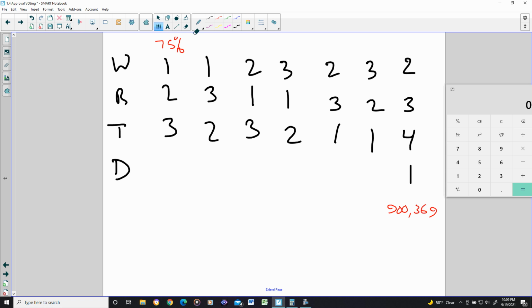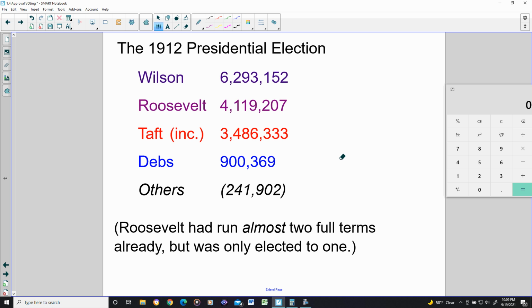75%. Therefore, 25% go here. And that's 75% of Wilson's supporters. So of the 6 whatever million people that voted for him, right? So that means we could figure this out. So let's find the exact number. The exact number is 6,293,152, and we're going to multiply it by 0.75.